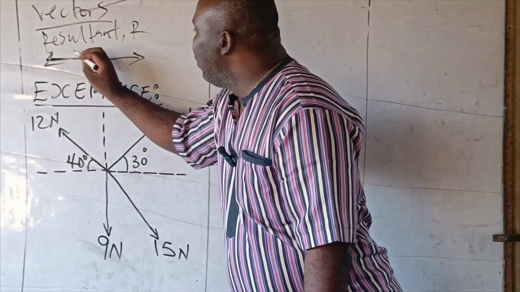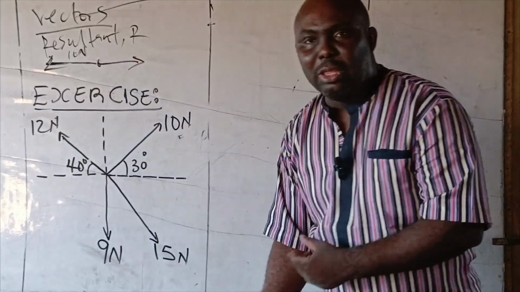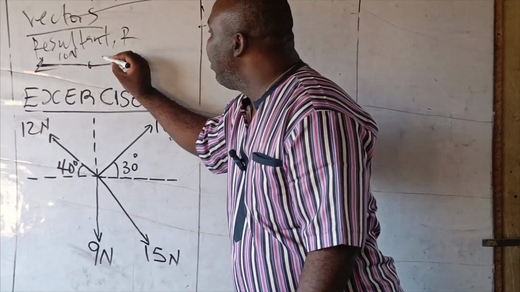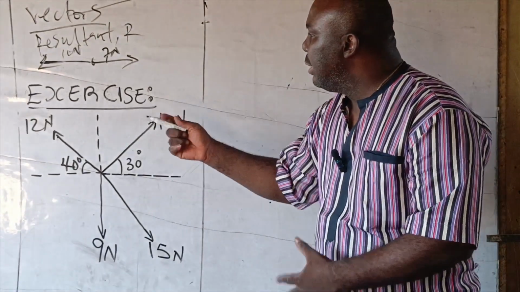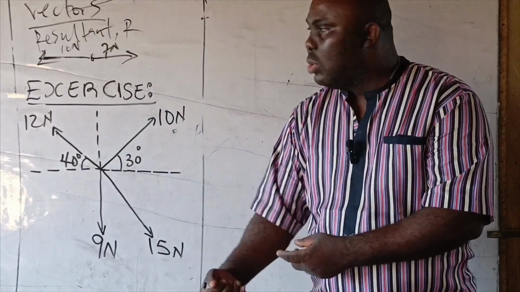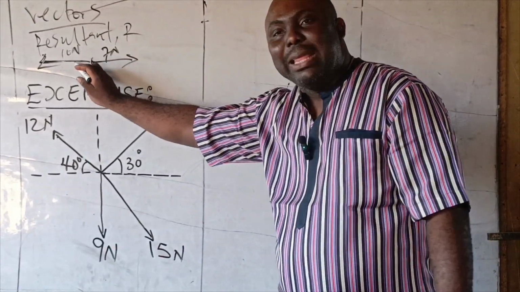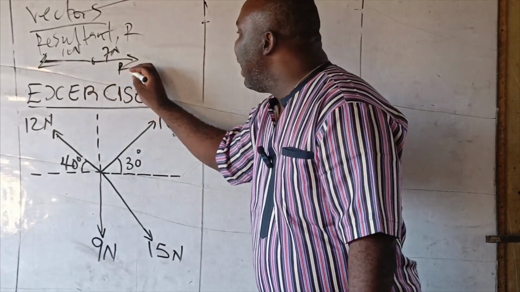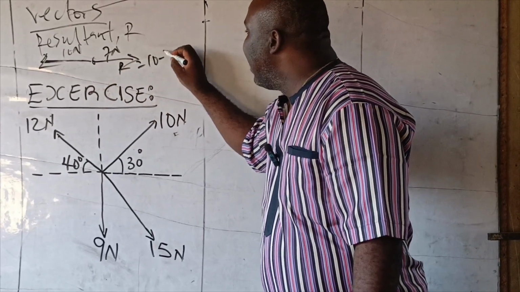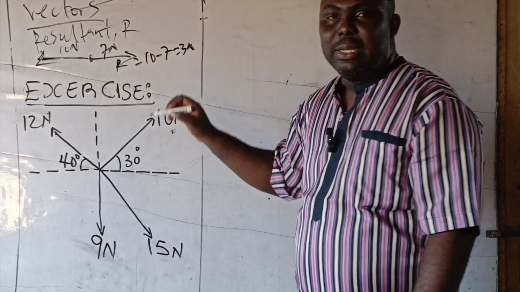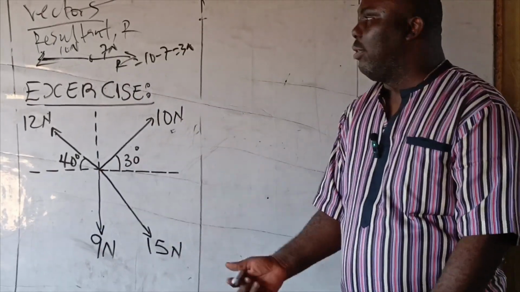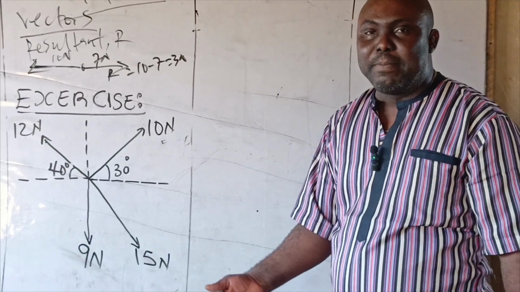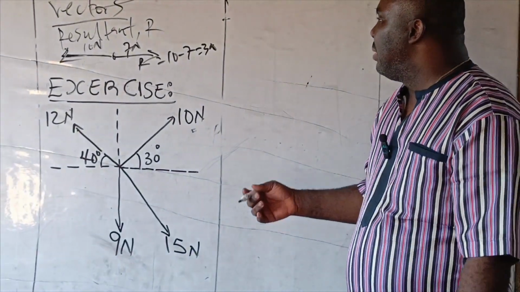If I'm dragging with a force of 10 Newton and in the opposite direction another is dragging with a force of 7 Newton, the resultant will go in the direction of the 10 Newton. So the resultant here is 10 minus 7, which is 3 Newton, and it will go in the direction of the 10 Newton. That is the resultant we are talking about.